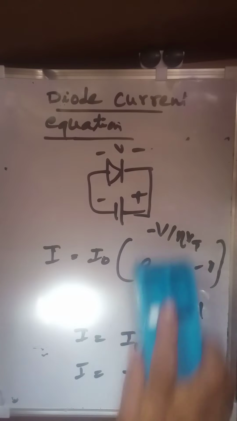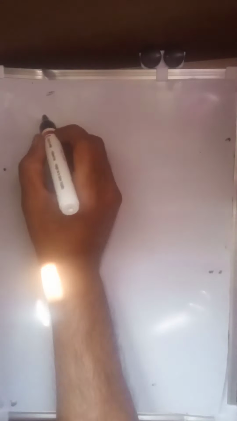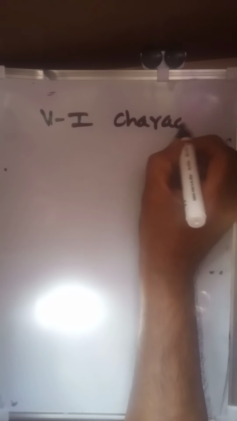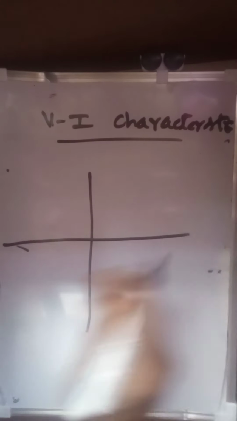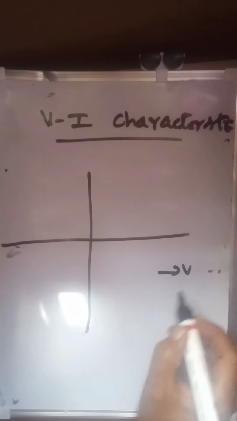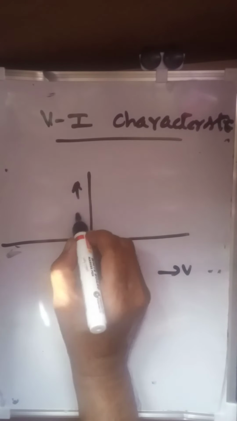Now if you observe the graph, the VI characteristics of the diode, this axis is V and this is the current.